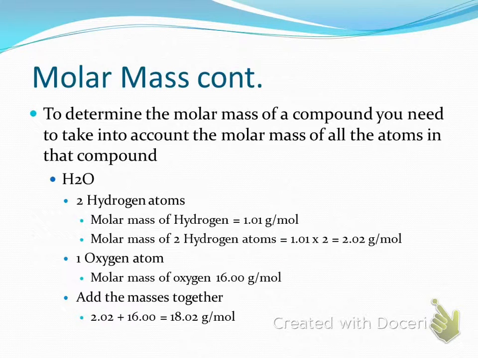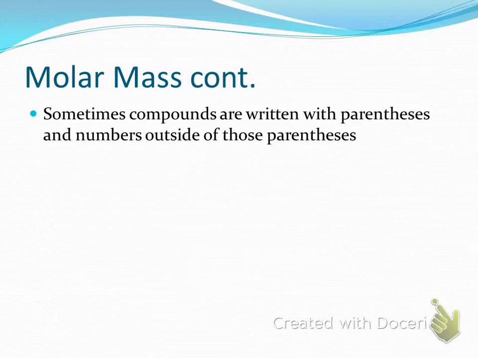So if I were going to look at one mole of water molecules, 6.022 times 10 to the 23rd molecules of water, it would have a mass of 18.02 grams.